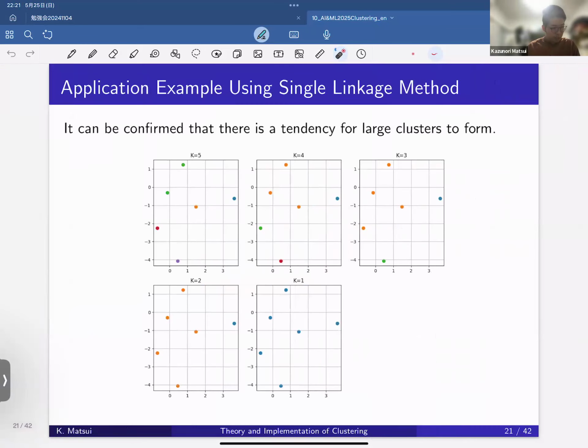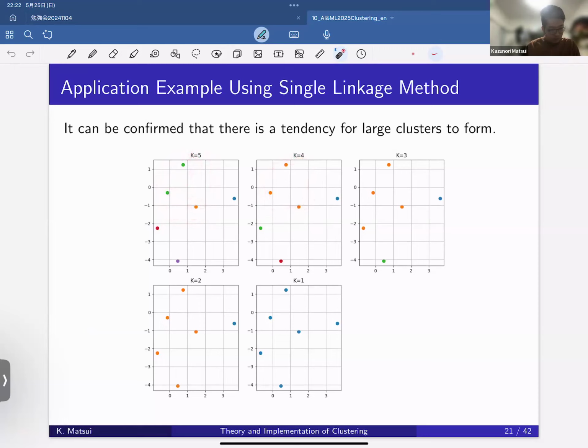Actually, if we proceed with this figure, the closest are the green ones. They were grouped into green. Next, which point is closest? This point seems to be close, so it becomes orange.